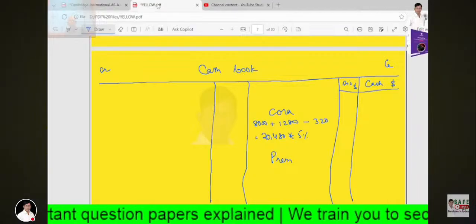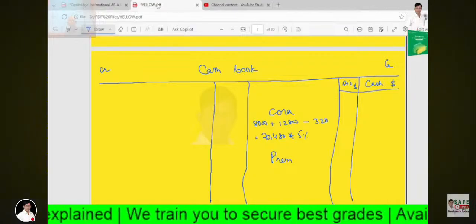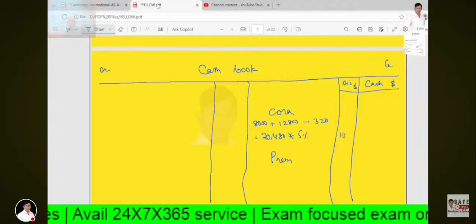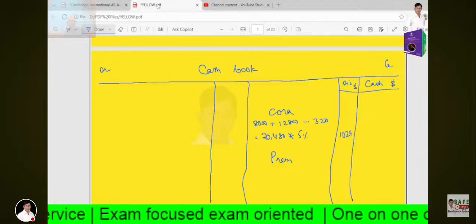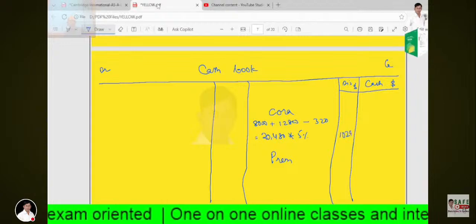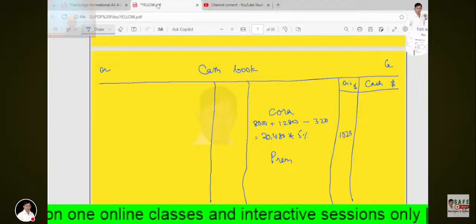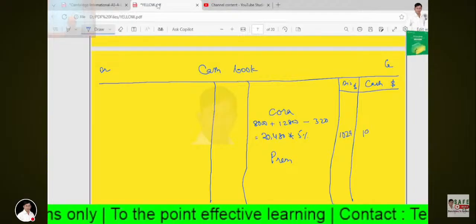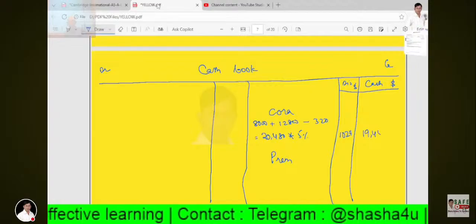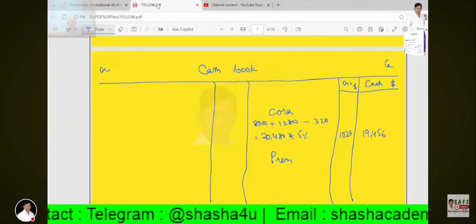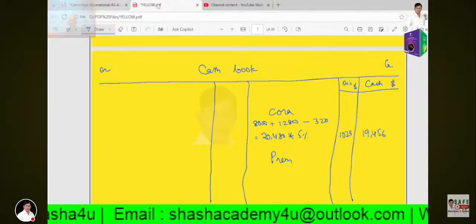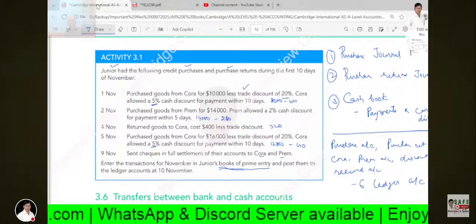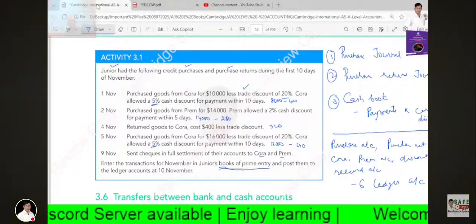So you will have to pay 20,480. On that 5% will be 1,024. So how much you have to pay? 19,456. So to Prem, how much you have to pay? Prem, the entire amount. So Prem is 14,000.